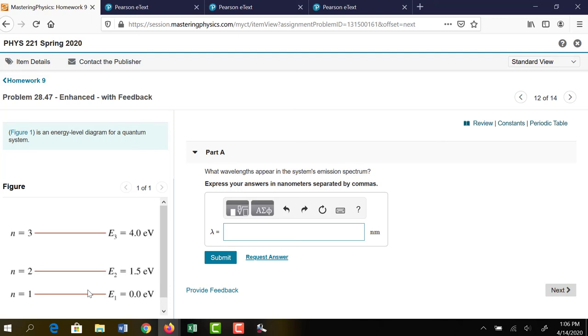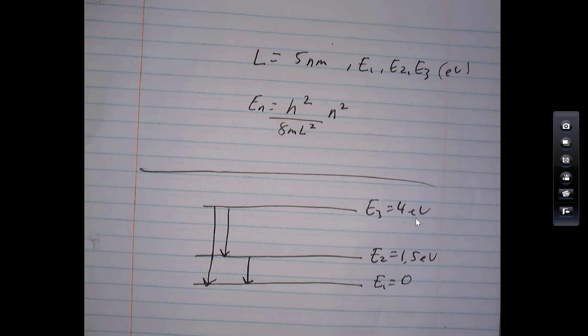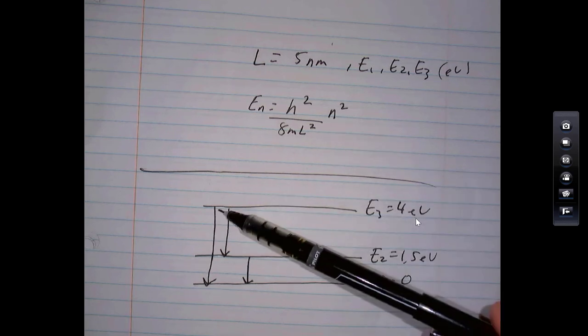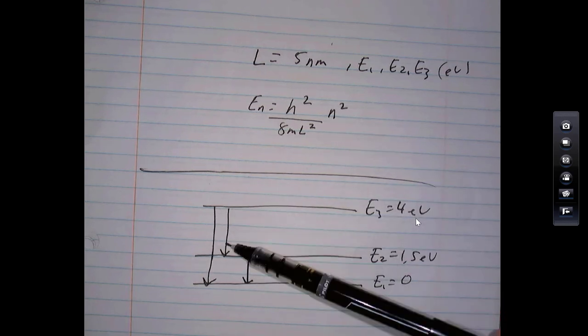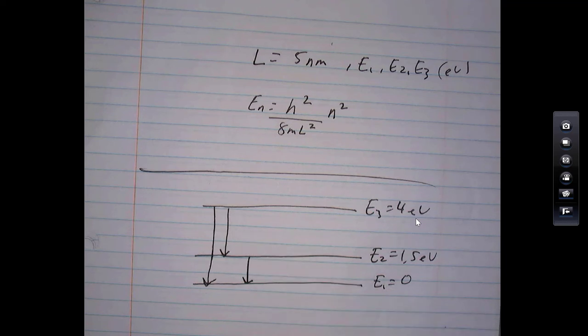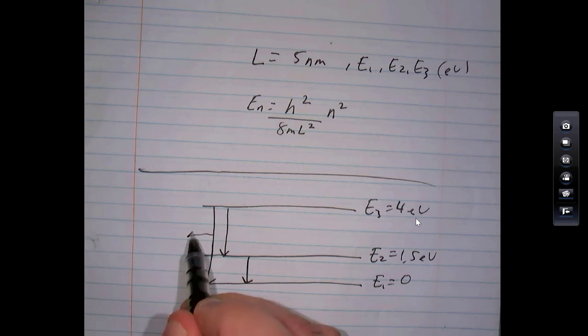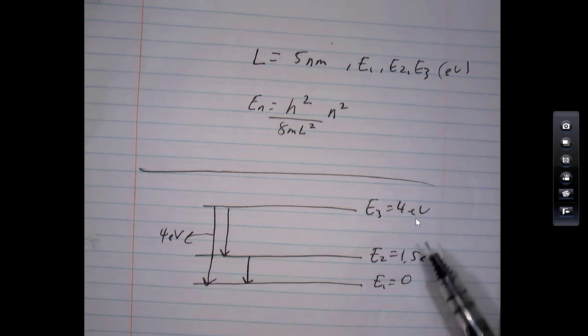So let's actually write this out. We'll use a lot of the ideas that we've already used talking about the energy of a photon. So here are the transitions allowed from 3 down to 1, or from 3 to 2, or from 2 to 1. So when you go from 3 down to 1, this difference is 4 eV, right? 4 minus 0.